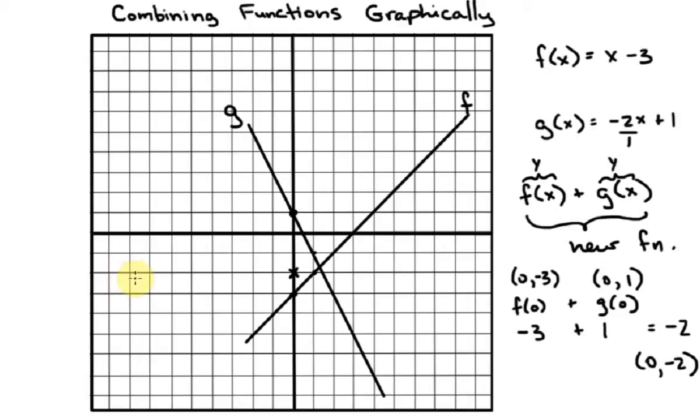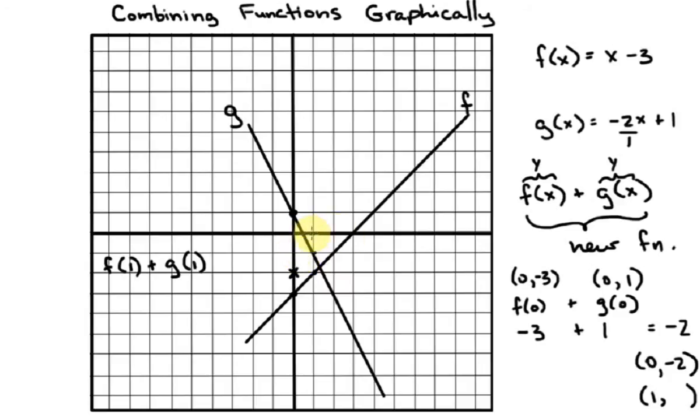What if I want to take another x value? Let's say we want to figure out one more point. How about when x is 1? If we plug that in, we're basically saying f of 1 plus g of 1. So I'm going to go to my lines here and figure out what those are.